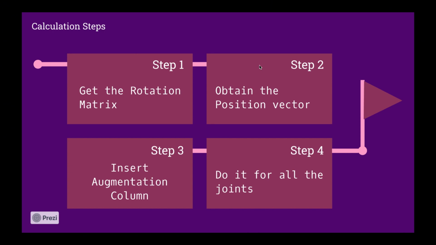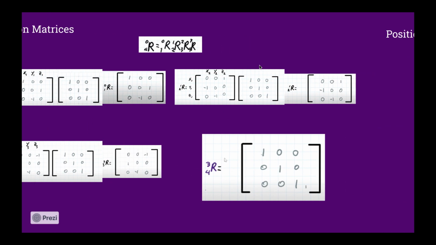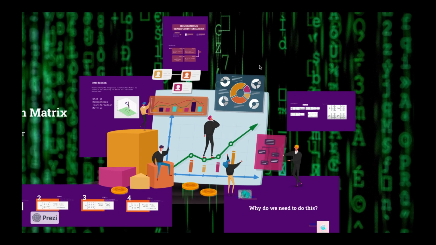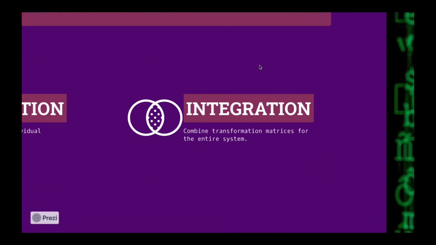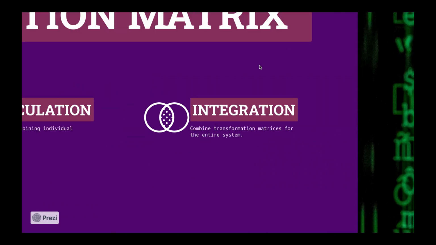For step 3, insert the augmentation column to make it a square matrix. Step 4. Let's do it for all of the joints of our Cartesian manipulator. Get the rotation matrices and position vectors of the joints.